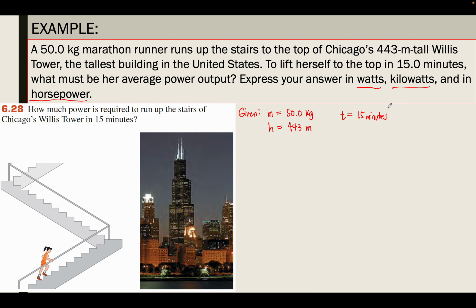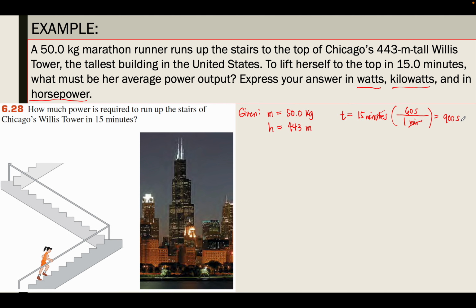Okay, so 15 minutes, we will convert that into seconds. 1 minute is equivalent to 60 seconds. So 15 times 60 is 900 seconds. So our time is 15 minutes, or it is equivalent to 900 seconds.